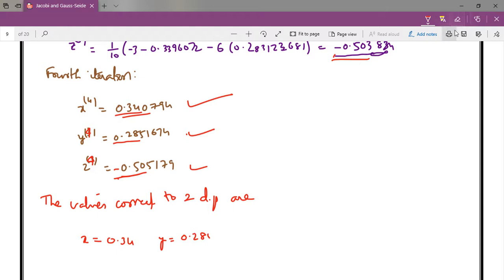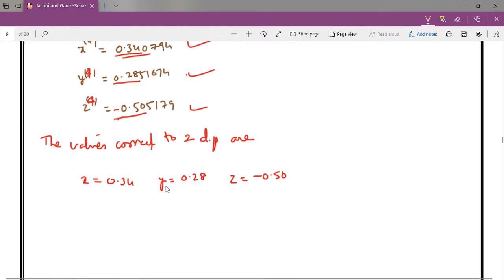Okay, up to two decimal places only, you can take 0.28. And what is the z value, minus 0.50. Okay, right. Yeah. So that means we have obtained the three unknowns x, y, z using the Gauss-Seidel method.